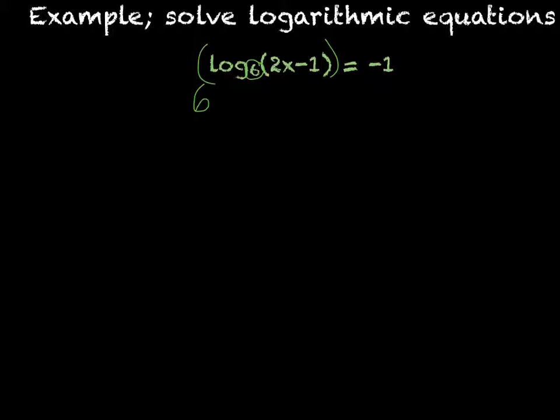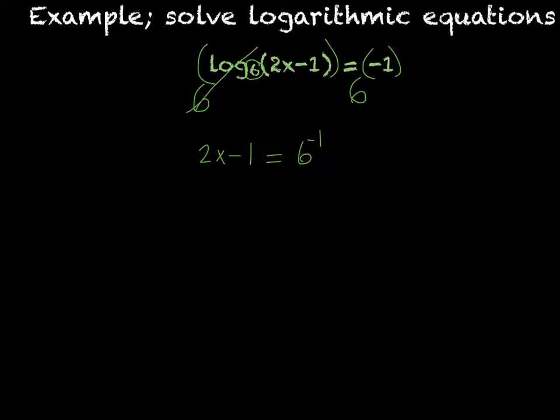Now, if I do it to one side of the equation, I must do it to the other side of the equation. So I have 6 to the power of negative 1. So what that is actually going to give me is, canceling those out right there because they have a common base, that's my logarithmic properties, I have 2x minus 1 equals 6 to the negative 1 power.